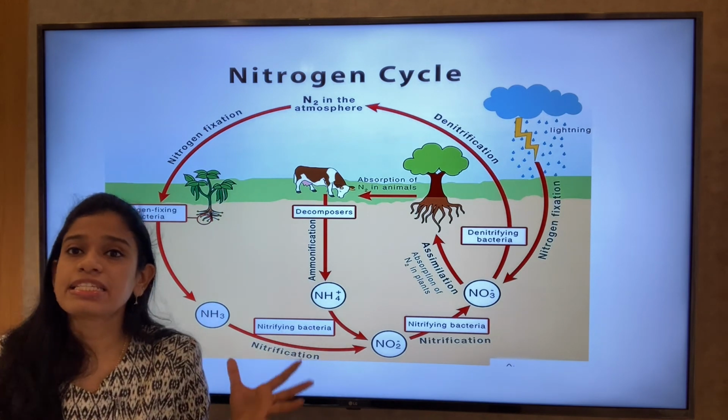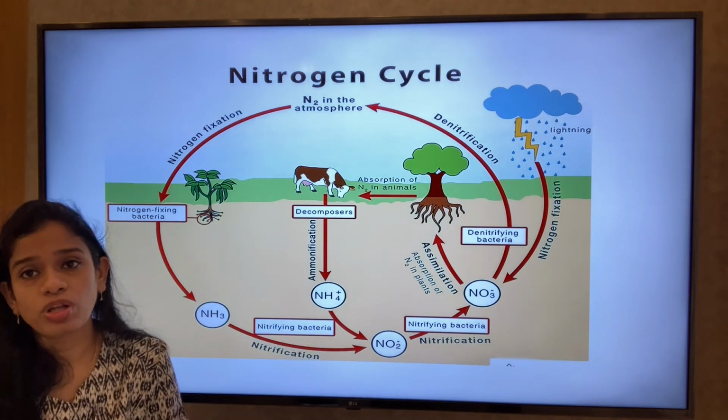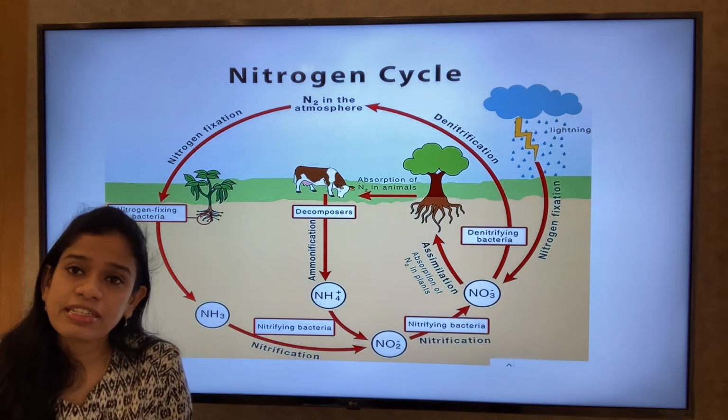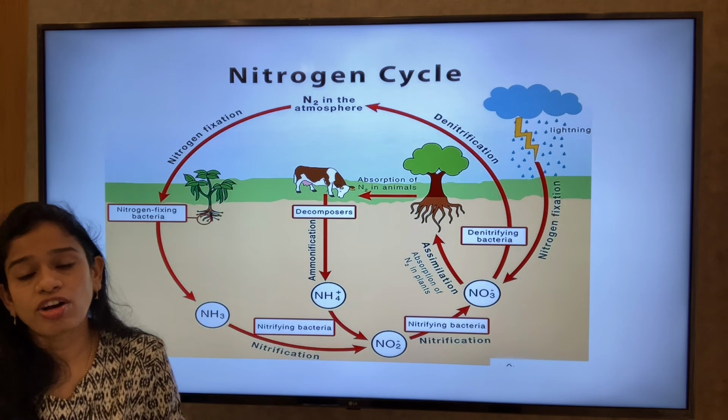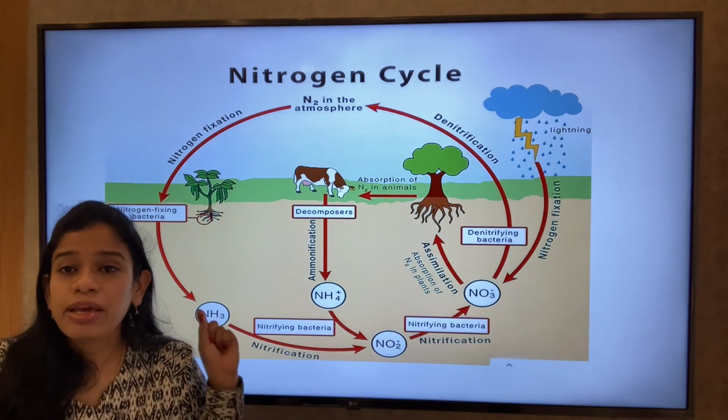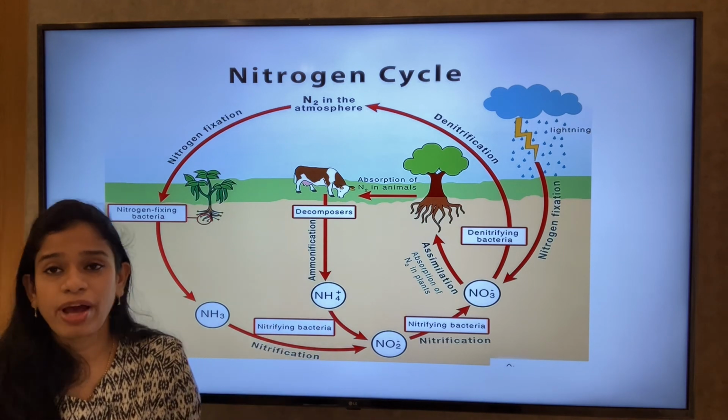So this is again a huge help, a boon for maintaining the soil fertility and also the equilibrium of the environment, which is done by these tiny microscopic creatures, the microorganisms.